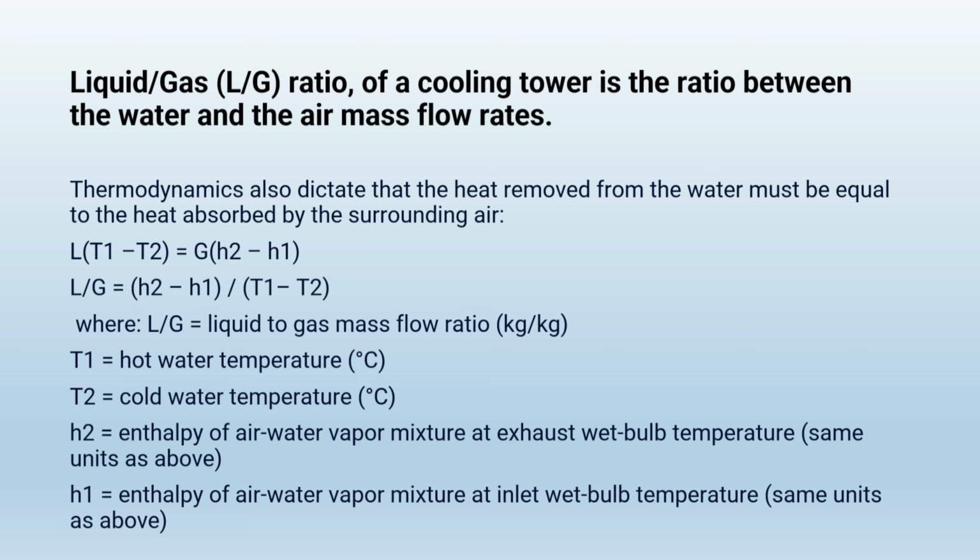L to G ratio will be H2 minus H1 divided by T1 minus T2, where L to G ratio is liquid to gas mass flow ratio in kg per kg. T1 is hot water temperature in degrees Celsius, T2 is cold water temperature in degrees Celsius, H2 is enthalpy of air-water vapor mixture at exhaust wet bulb temperature, and H1 is enthalpy of air-water vapor mixture at inlet wet bulb temperature.